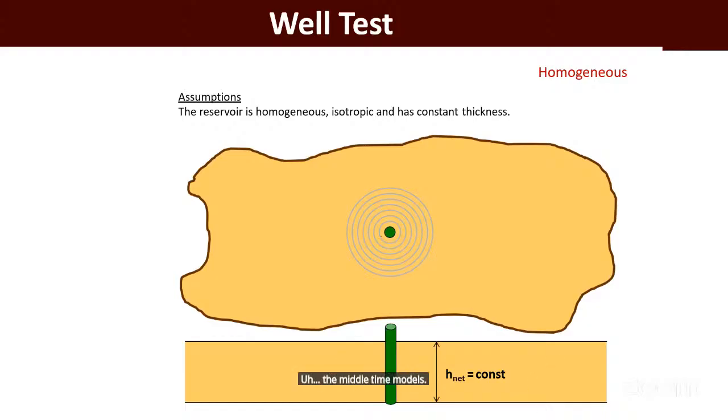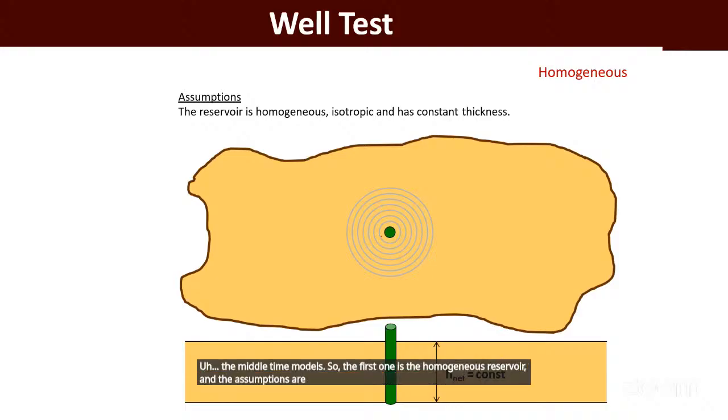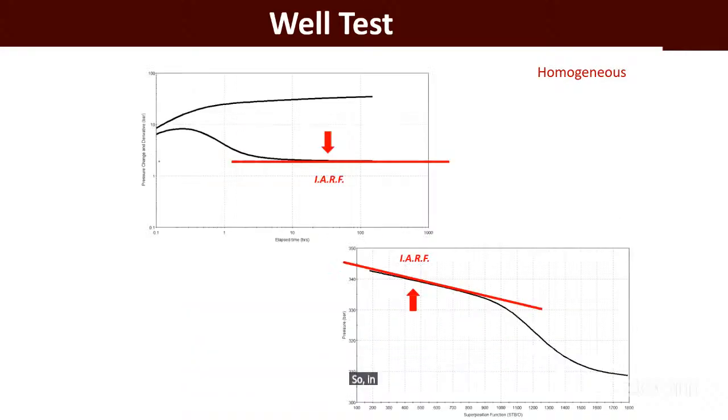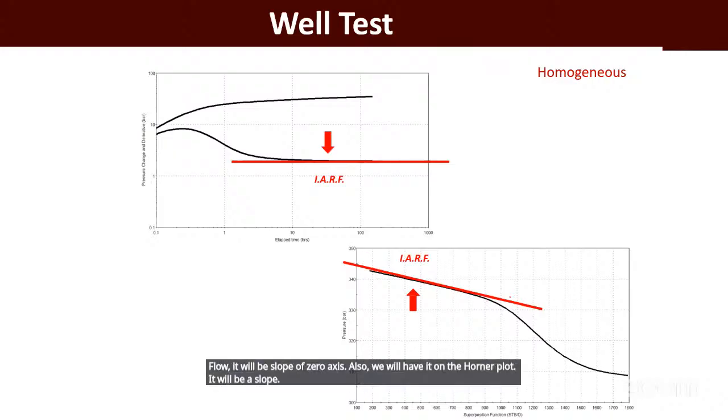So the first one is the homogeneous reservoir, and the assumptions are that the reservoir is homogeneous, isotropic, and has a constant thickness. So in this case, we will have on the log-log plot the radial infinite-acting flow. It will be a slope of zero like this. Also, we will have it on the Horner plot. It will be a straight line with a slope of m.